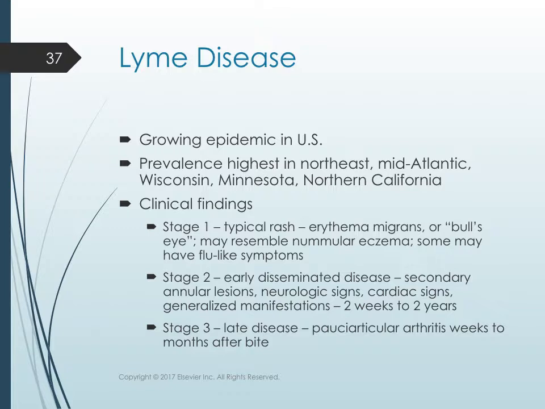Moving on to the second stage, the early disseminated disease, you can see multiple bullseye rashes, multiple pink, circular, ring-like lesions. And I've seen children come in and it really looks like someone dipped a glass into pink food coloring and just pressed it all over their body.